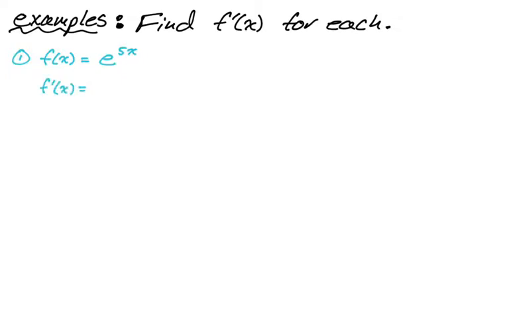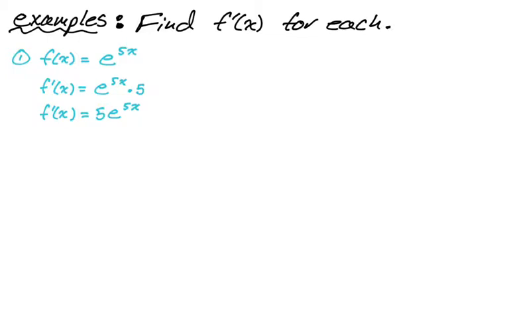So that's what I always start with, like e to the u, the derivative is e to the u times du dx. So it's going to be e to the blah, the derivative is e to the blah, times the derivative of blah, so times the derivative of 5x, so times 5. And I think typically you'd rewrite this as 5e to the 5x. Not really the point of the video, but I wrote it anyway.